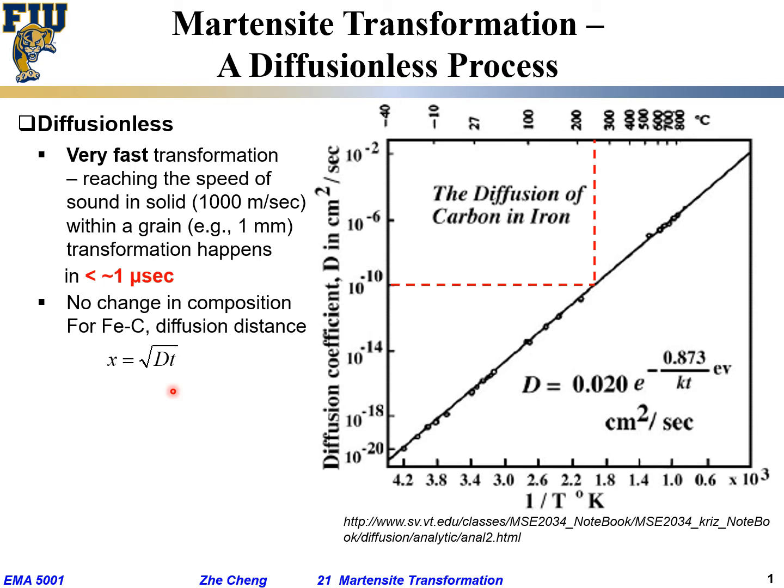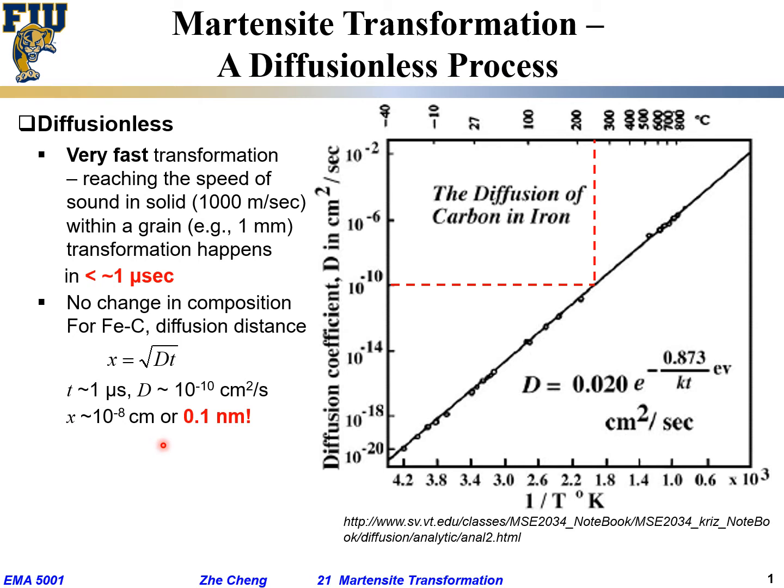Just when you quench, the inside may take some time. Let's say quench to 200. The diffusion coefficient is roughly 10 to the power of -10 in the unit of centimeter square per second. Then if we say the whole process happens within 1 microsecond, what's the diffusion length?